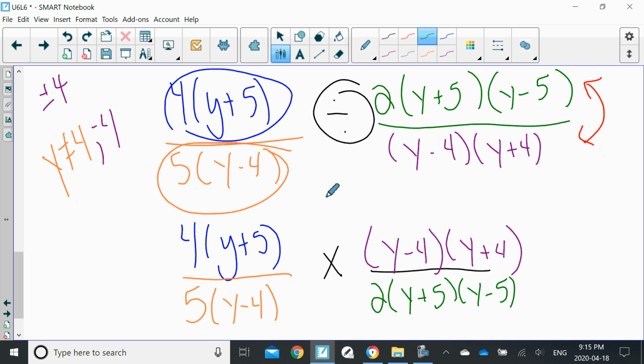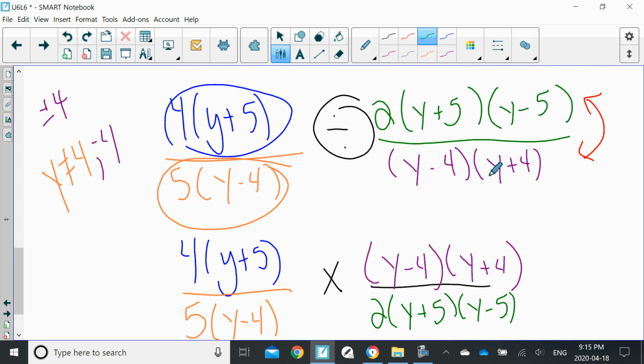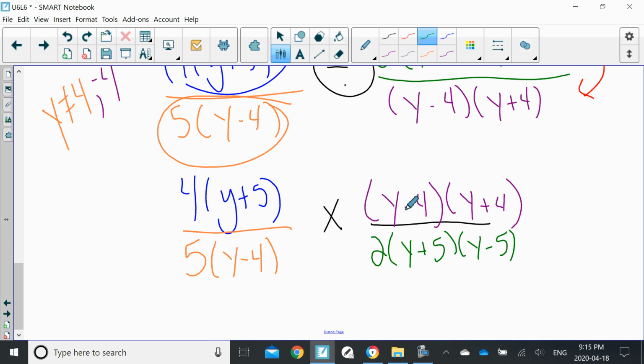The reason I went through this really slowly is that now I've got more non-permissibles. For this first non-permissible, nothing changed. It was still that 4. But now I have to take the non-permissibles after the flip. So you do your non-permissibles before the flip, taking everything in the denominator, and then after you change it to a multiplication sign, you need the non-permissibles of this, what would make this 0 and what would make this 0.